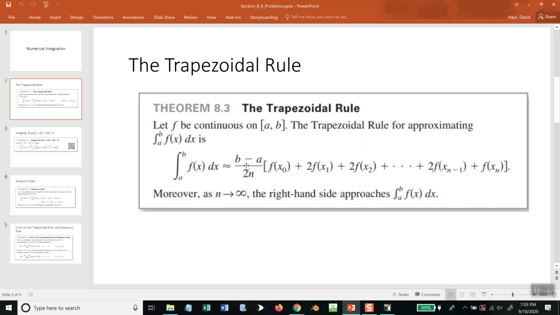So it's approximately equal to (b minus a) over 2n times f(x0) plus 2 times f(x1) plus 2 times f(x2) all the way up to 2 times f(x sub n minus 1) plus f(x sub n). And moreover, as n goes to infinity, the right-hand side approaches the actual value.